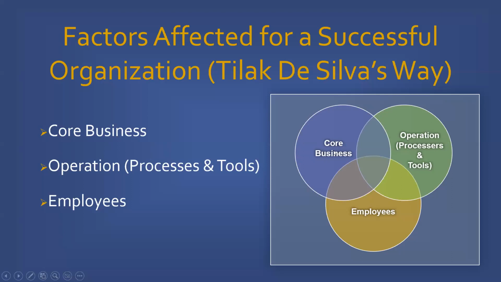So if it is a telecom business, they look only at the telecom business part. But the most important one is the employees part, because whatever we are introducing, it is the employees who implement it. If they are very happy and satisfied, they implement whatever we introduce in a very effective way.